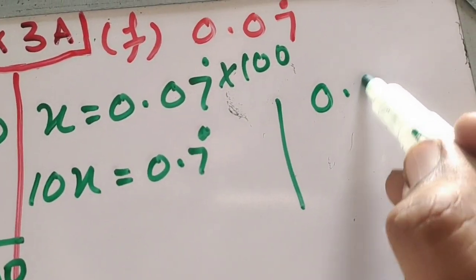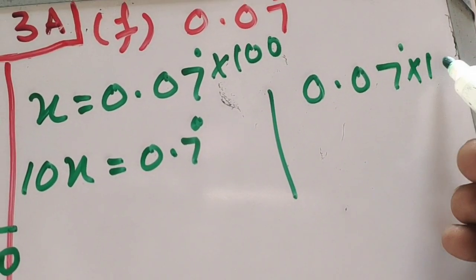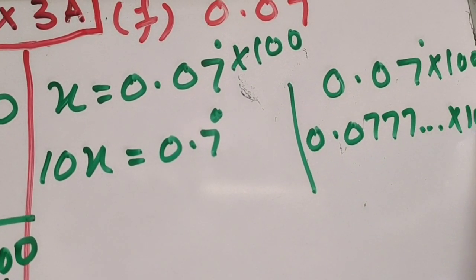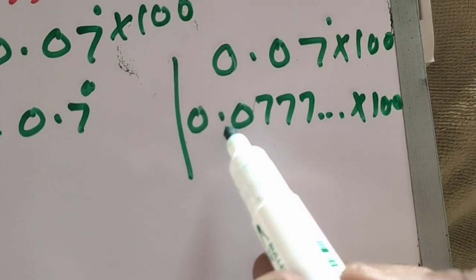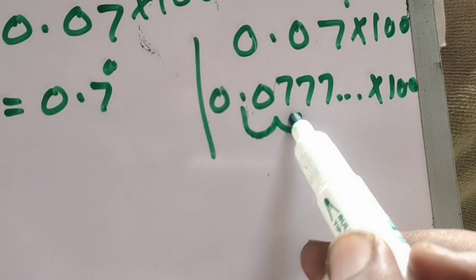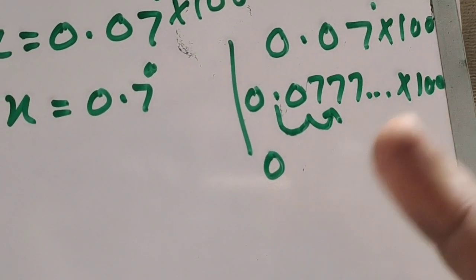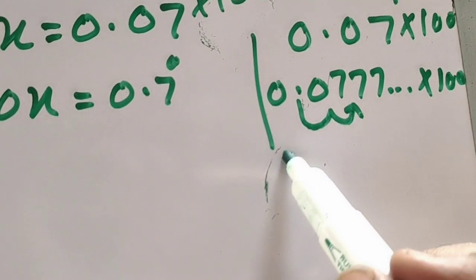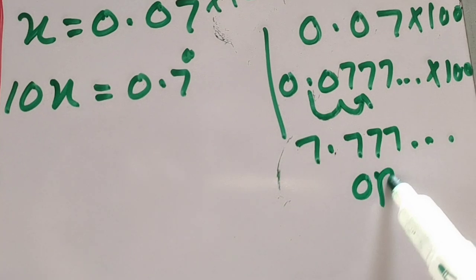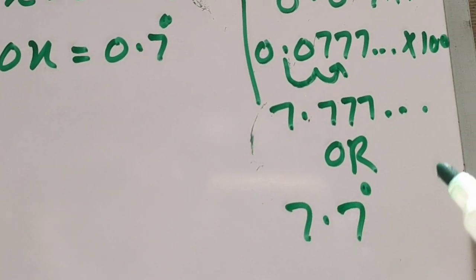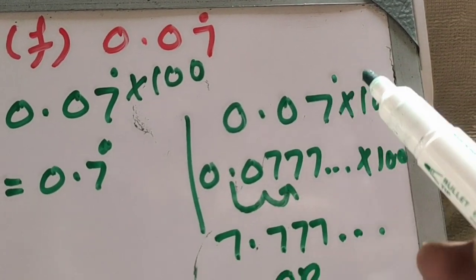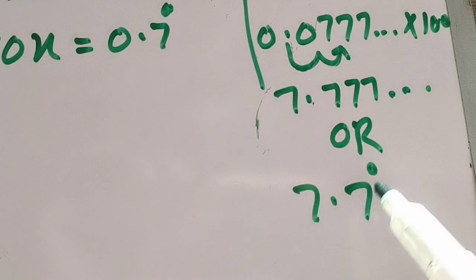You can also write it as 0.0777 multiplied by 100. Now this 100 is multiplying, so the decimal moves 2 positions to the right, 1 and 2. So the answer will be 7.777. You can also write 7.7 dot. So when you multiply 100 with 0.07 dot, it gives you 7.7 dot.